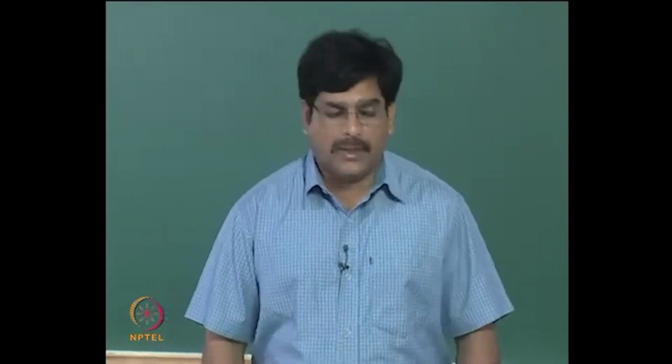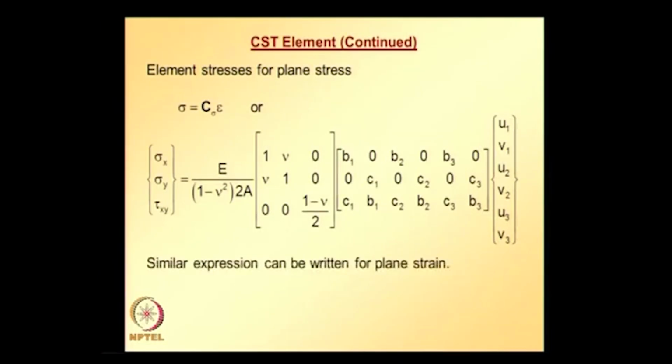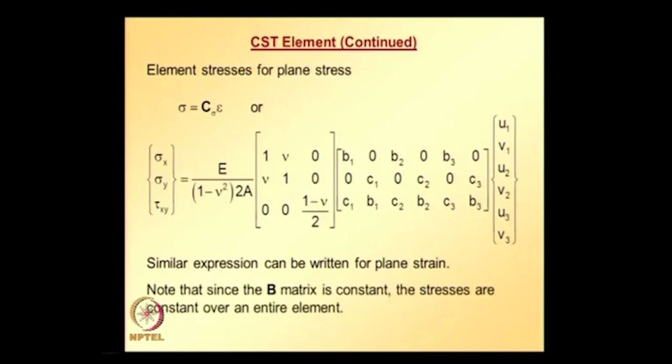We need to use the corresponding constitutive matrix. If it is for plane stress, this is how you can calculate. Similar expression can be written for the plane strain case. And note that since the B matrix is constant, stresses are going to be constant over the entire element.